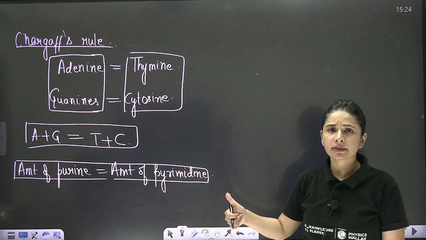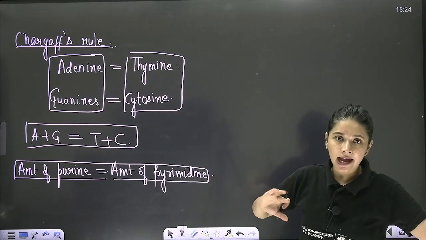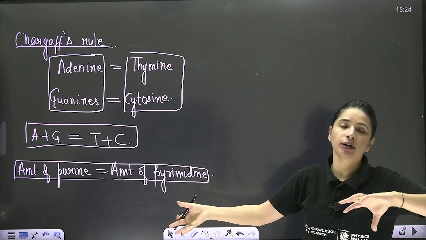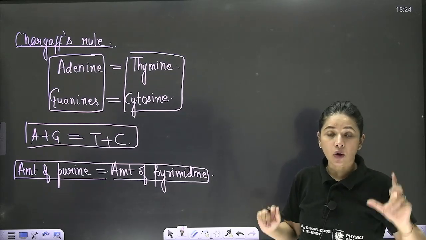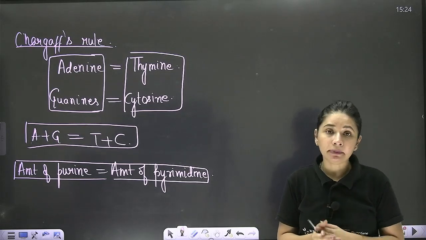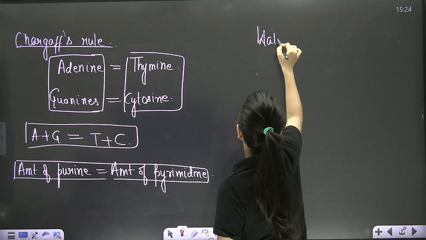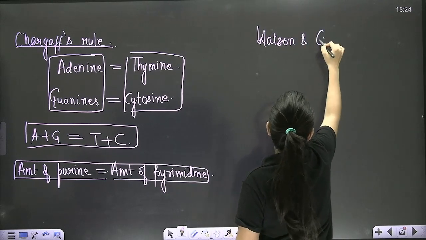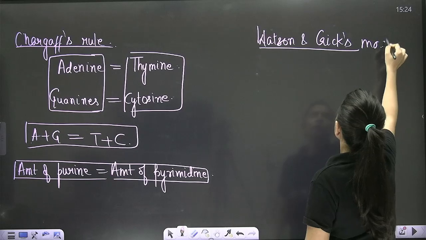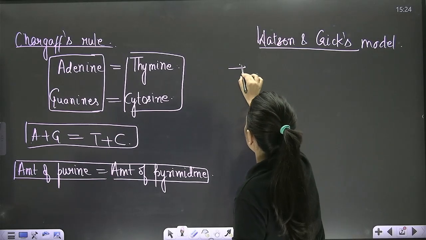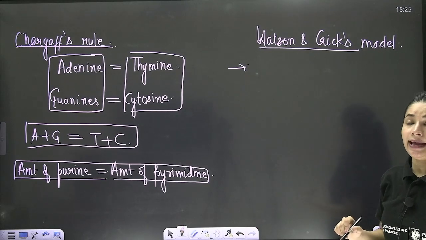Okay, thumbs up, understood. Now, using Chargaff's concept, and Rosalind Franklin and Maurice Wilkins' concept, Watson and Crick proposed the double-stranded structure of DNA. So next you are going to see Watson and Crick's model. First point, they said the DNA is not single-stranded, rather it is double-stranded, helically coiled.